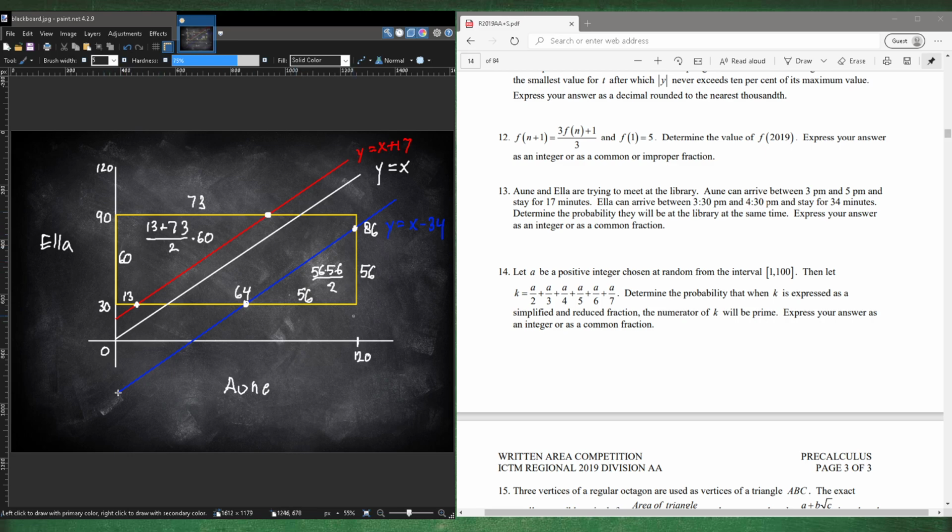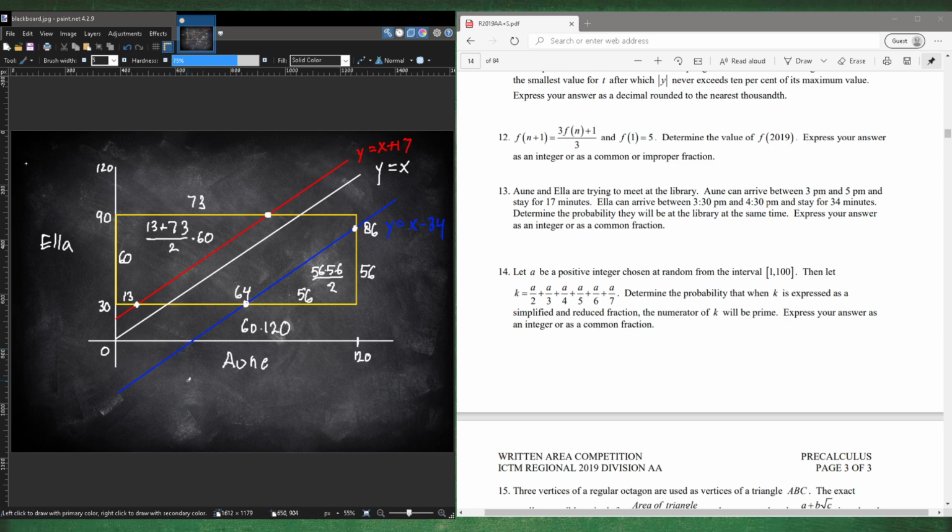And what's the entire area of this yellow region? Well, that is just 60 times 120. So to get the probability, first we need to get this area. So that is these two areas. Let me delete her name because I need room, or I could just move it up. Okay.